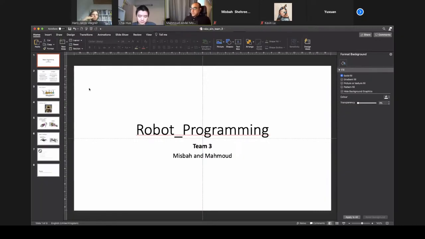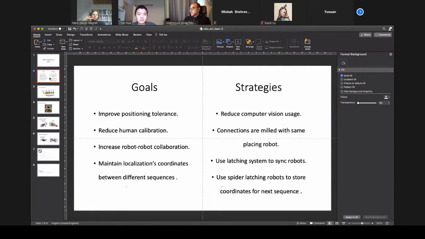So from yesterday, we were just thinking how to go further with our connection. It was a dovetail connection, and then we realized that it needs a higher precision than normal material deposition sequence. So we had also some goals and strategies for today.